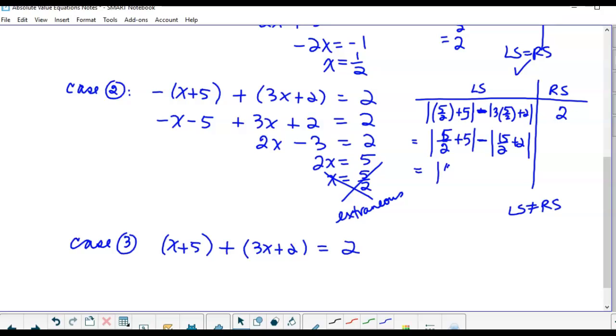So this will be 15 over 2 minus, that will be 19 over 2. 15 over 2 minus 19 over 2 is negative 4 over 2, which is negative 2. So it still doesn't work. So remember, this doesn't become positive adding now. Does that make sense? Yeah. So we get negative 2, that's supposed to be positive 2. So still not a solution, but my verification was incorrect. Thank you for pointing that out.